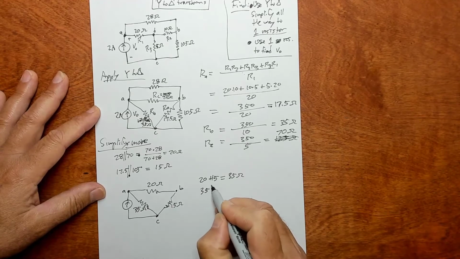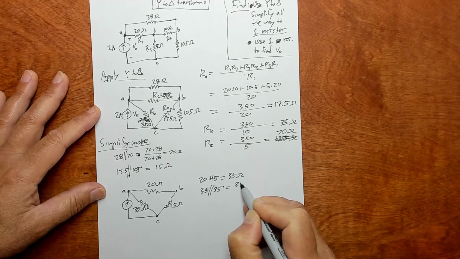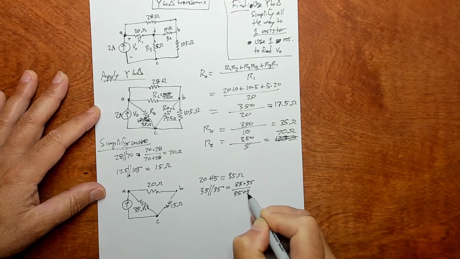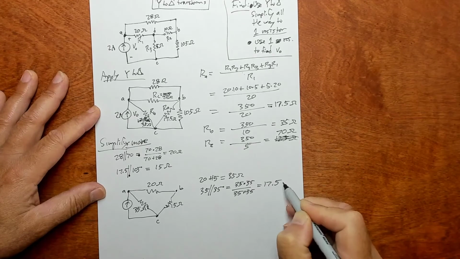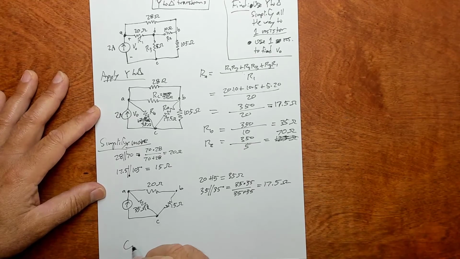So you end up with a 35 in parallel with a 35, which ends up being 35 times 35 over 35 plus 35. It ends up being 17.5 ohms. So the final simplified circuit is just between nodes A and C.